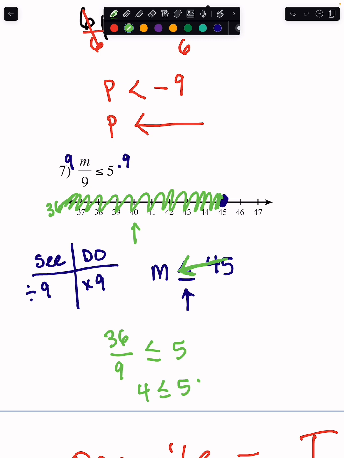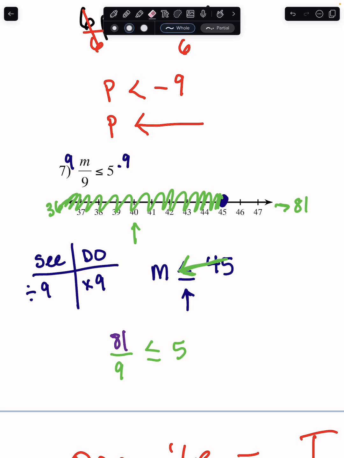Like, for example, the number 81 on a number line is way down this way, right? If I used 81, what is 81 divided by 9? 9 times 9 is 81. So that would make this right here 9.